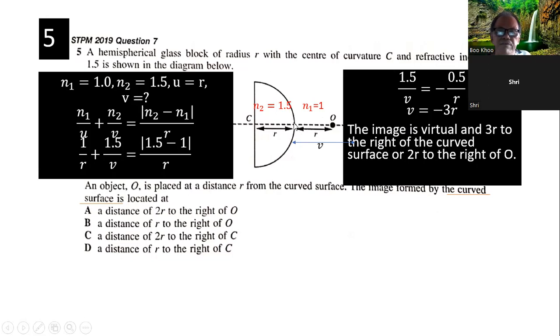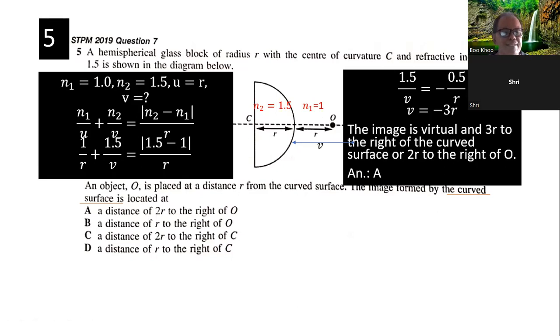That's your curved surface. So 3R is here. And 2R to the right of O. Right? That's R. That's a 3R. So this is 2R. Right? So this one means you choose what is written here. The answer is A.